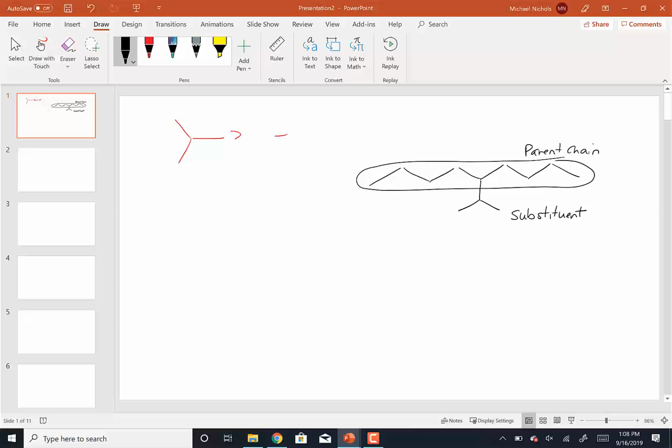So I erase it. And so what I'm looking at is this being the attachment point to the longest chain. What I suggest when you look at a group like this, write your carbons in at the intersections of lines and at the end of lines, and add enough hydrogens to get you 4 and only 4 bonds.